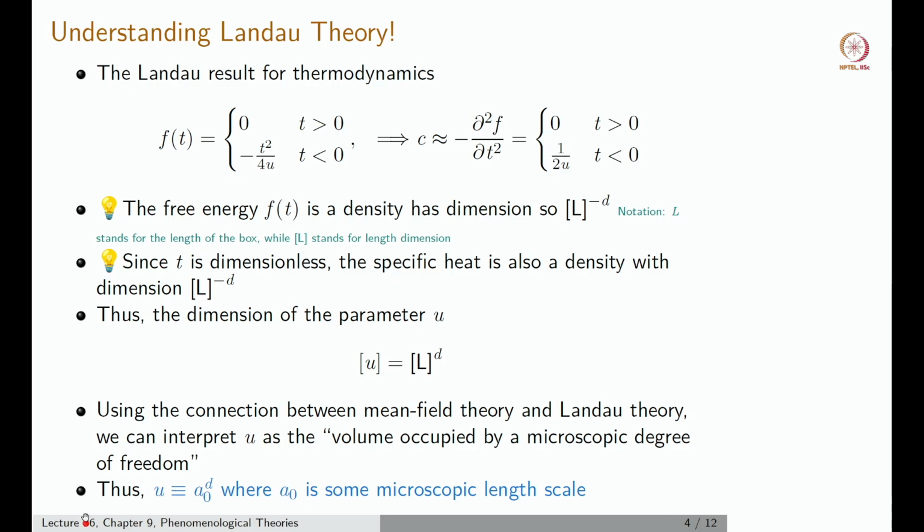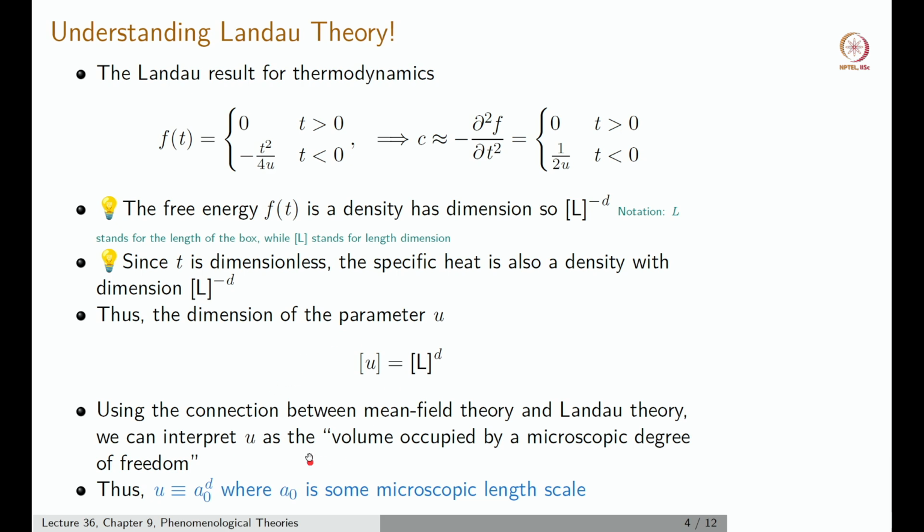So I can posit that u is some a naught to the power d, where a naught is some microscopic length scale. So that volume a naught to the d, if you wish, contains 1 microscopic degree of freedom. That is a way of interpreting this Landau result, which is a very physically appealing way of thinking about specific heat itself, right.